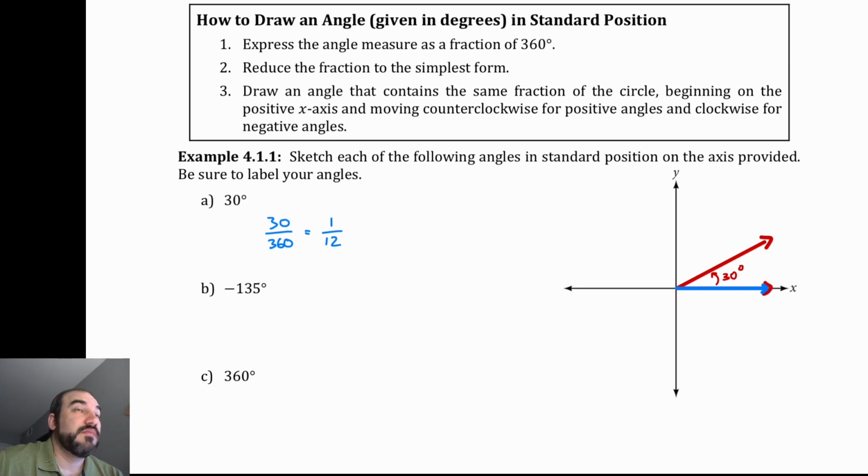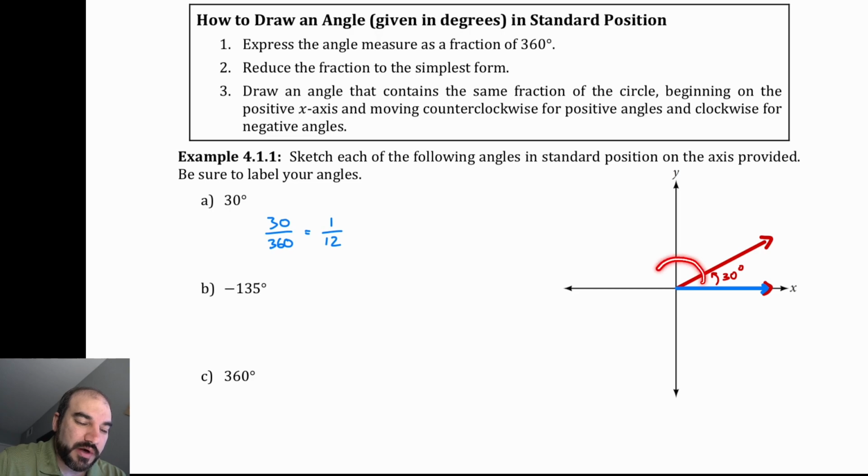It's going clockwise, and it'll land in the third quadrant. But if 135 was going counterclockwise, it would land in the second quadrant. But since we're going backwards, it'll land in the third quadrant.